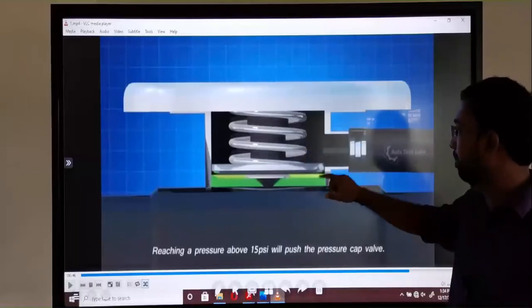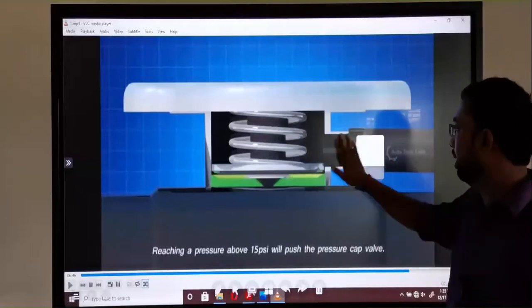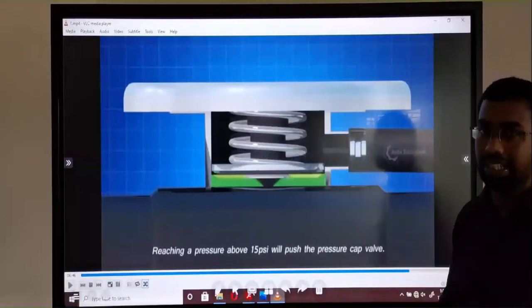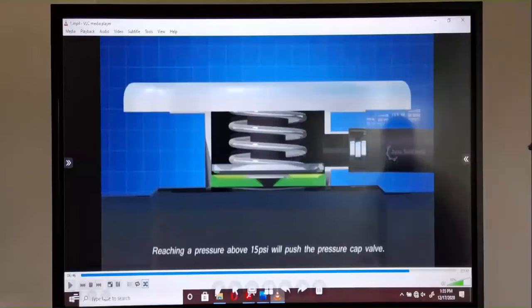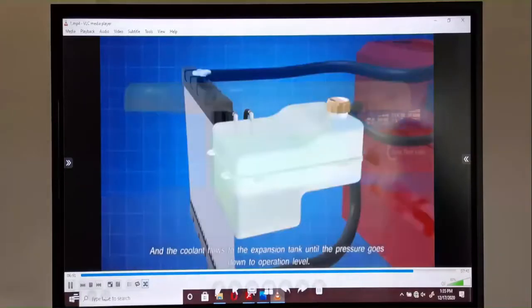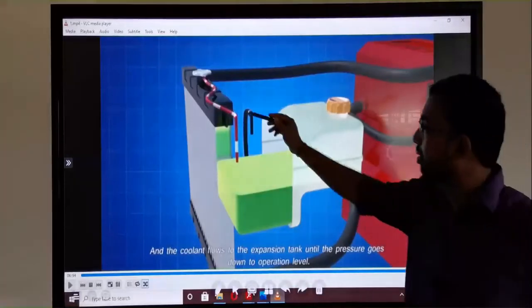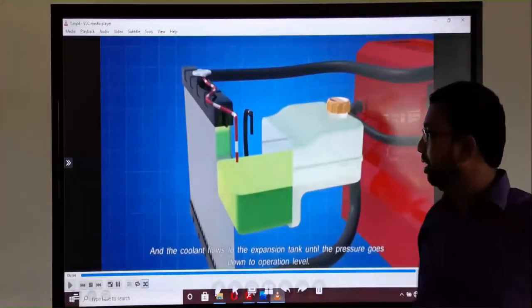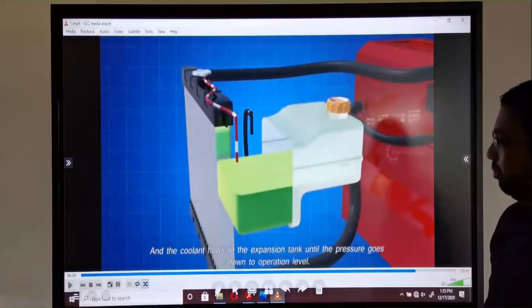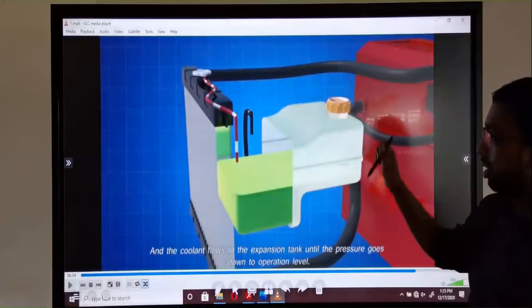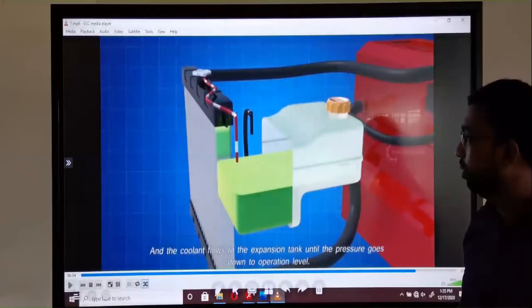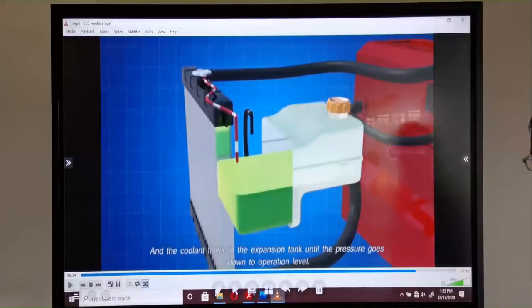There is a path or pipe here. This release pipe is connected with the expansion tank, where the coolant is stored.